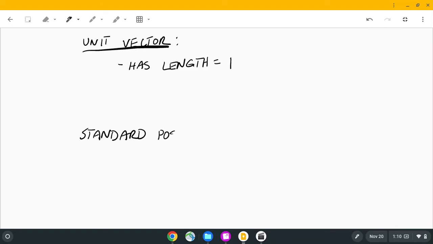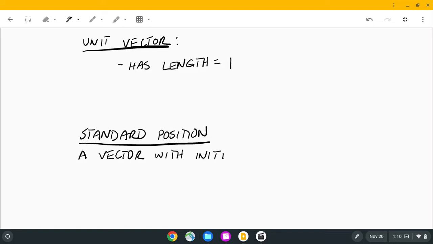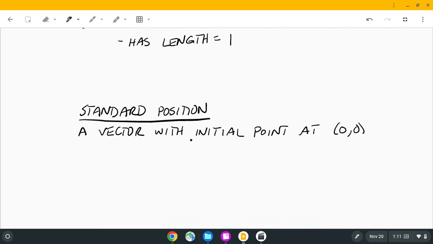So standard position is a vector with an initial point at 0, 0. Okay, so that's for all standard position vectors. They all begin at 0, 0.